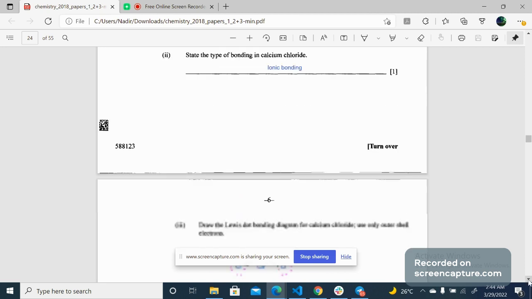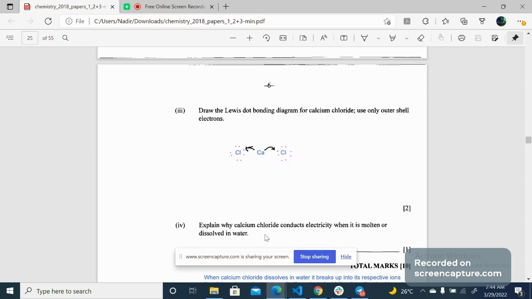So that's what we have done here. We have represented the valence electrons of chlorine by pink dots and the valence electrons of calcium by tiny blue dots, if you can see here. These arrows represent that on either side of the calcium, since the electronegativity of chlorine is more than the electronegativity of calcium, it attracts the calcium electrons towards itself.